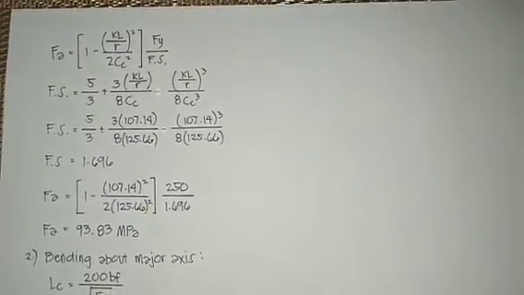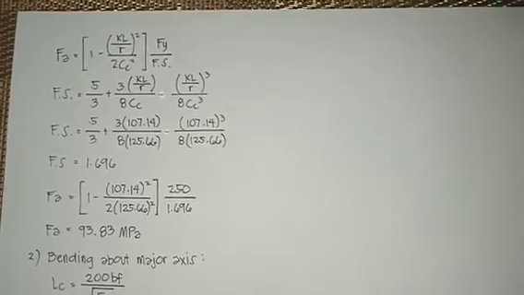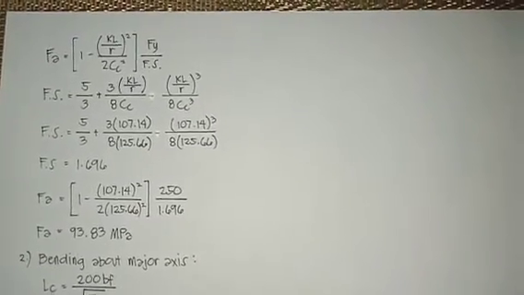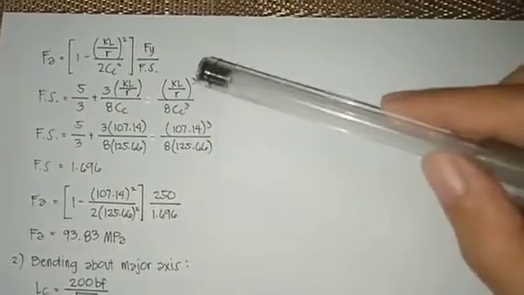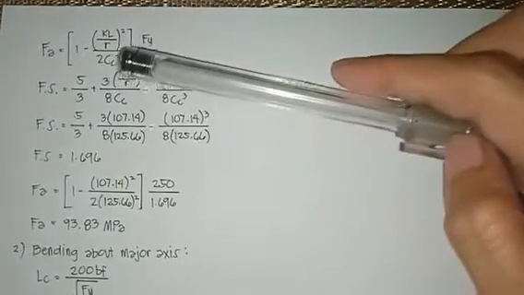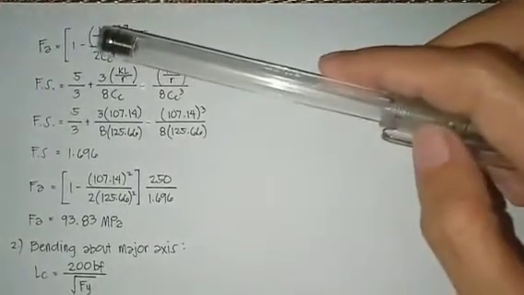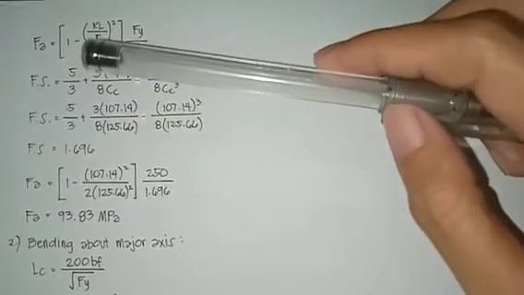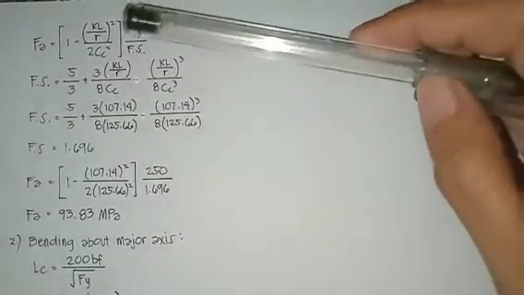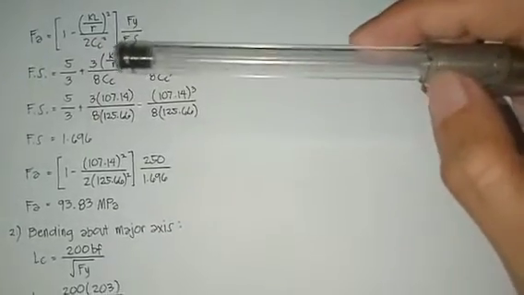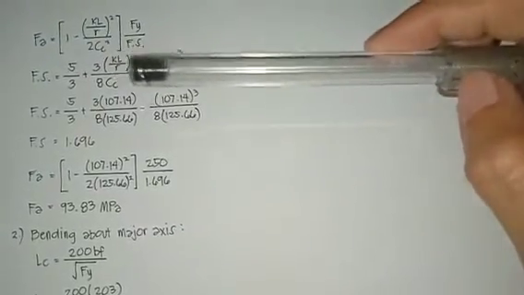Then mao ni atong formula ini kuha sa axial compressive strength. So Fa is equal to the quantity of 1 minus KL over R squared over 2Cc squared times Fy over Fs.